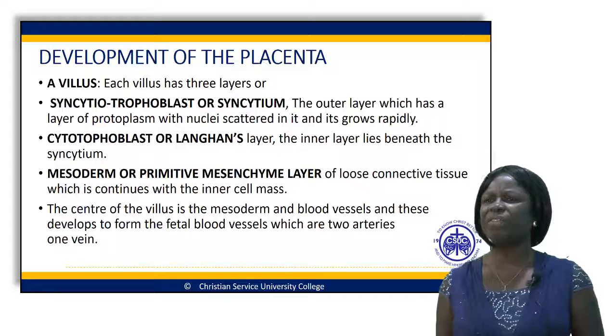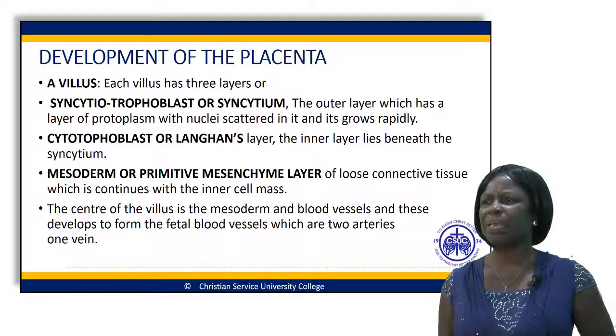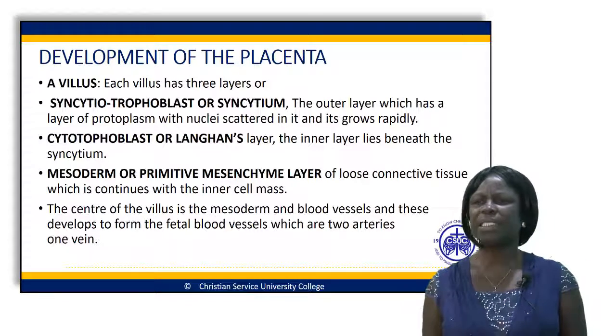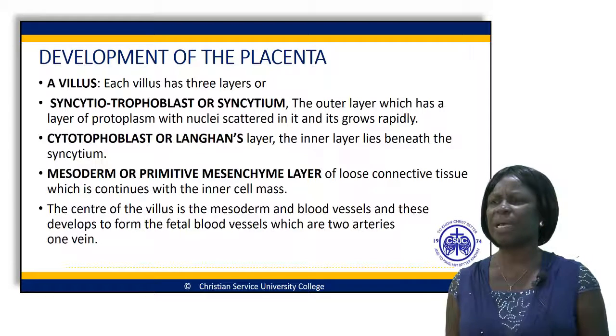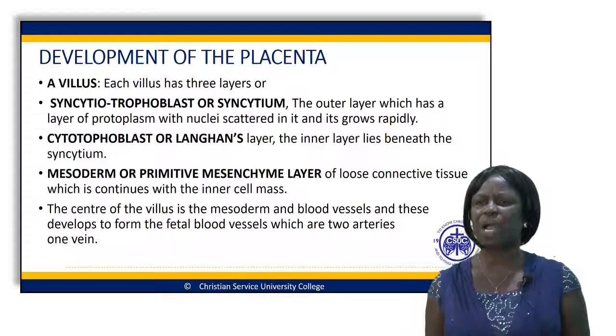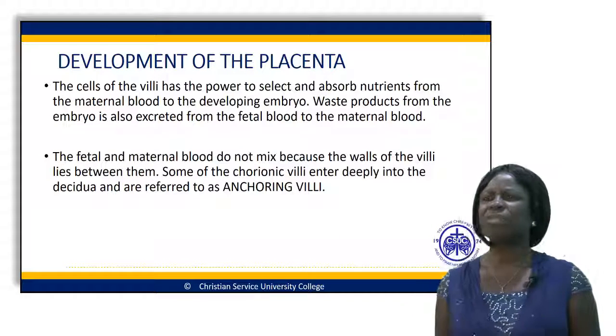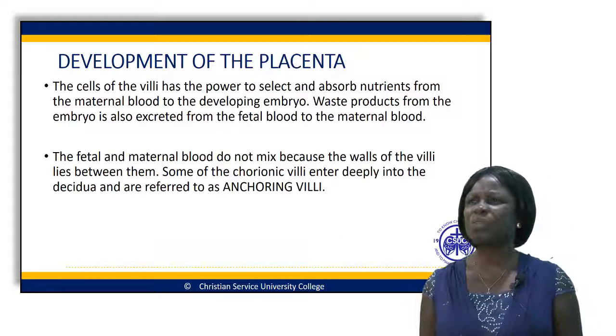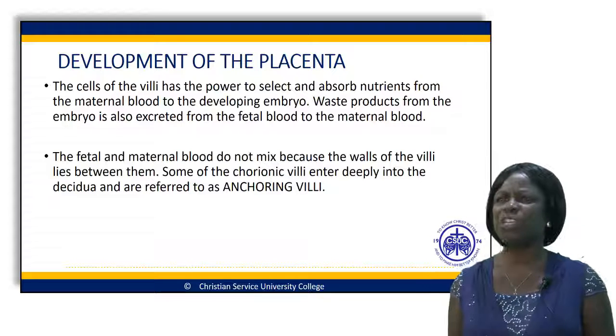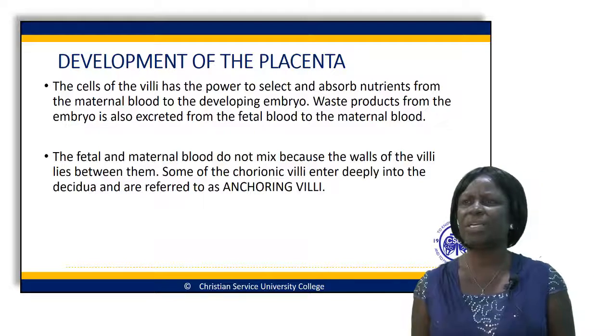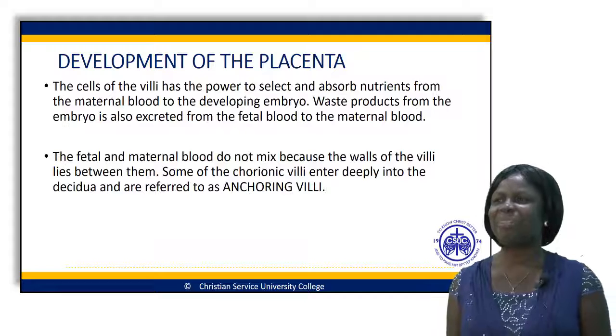The center of the villus is the mesoderm and blood vessels, and these develop to form the fetal blood vessels, which are 2 arteries and 1 vein. The cells of the villi have the power to select and absorb nutrients from the maternal blood to the developing embryo.